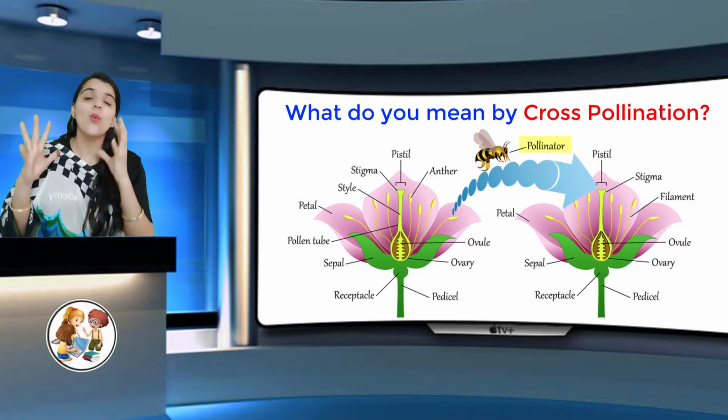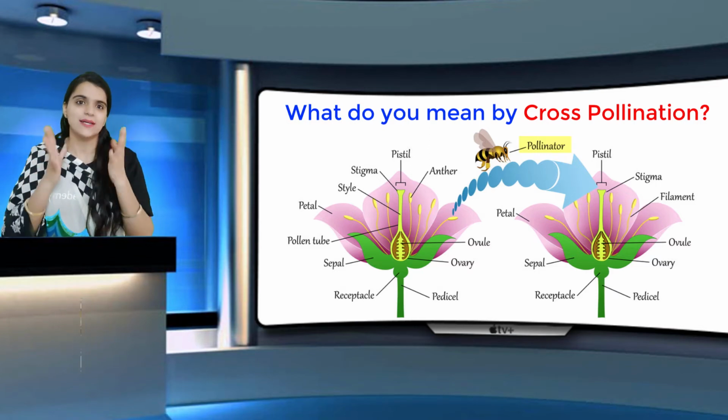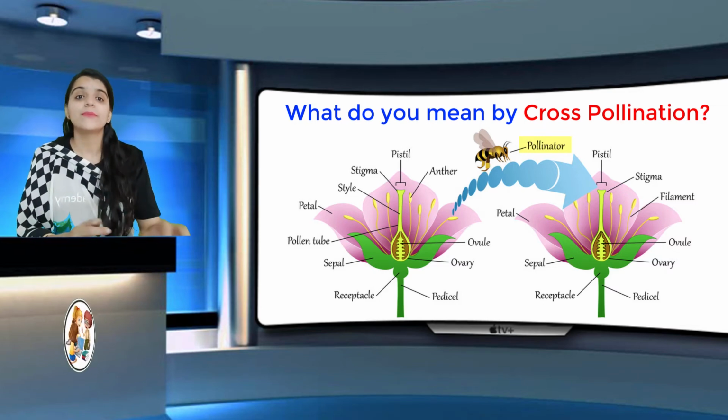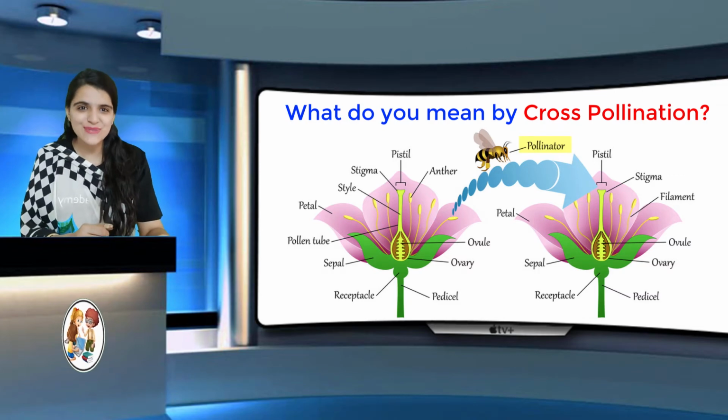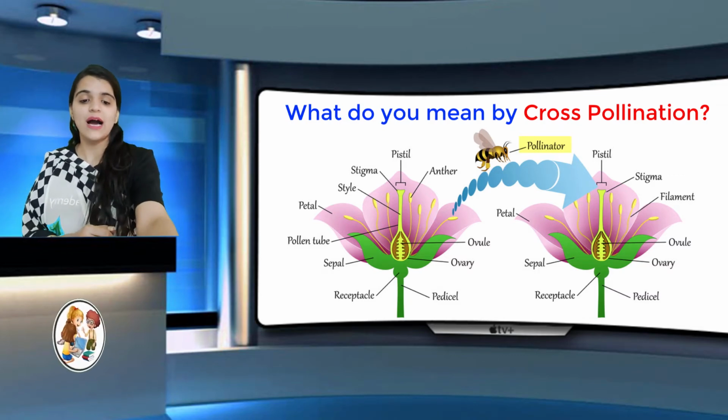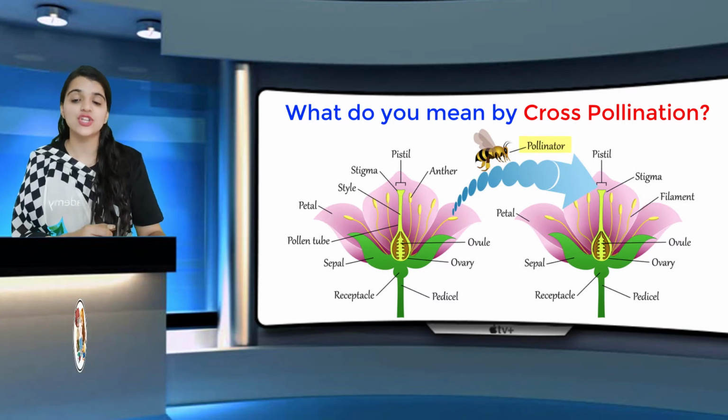So there is a requirement of an agent. That is why there are a number of types of cross pollination, because it depends upon the type of flower and which type of pollination they show.